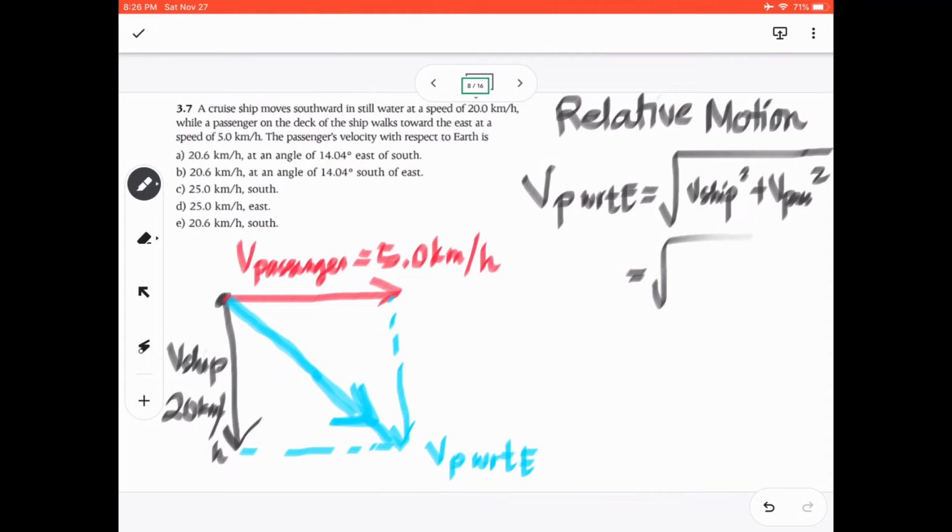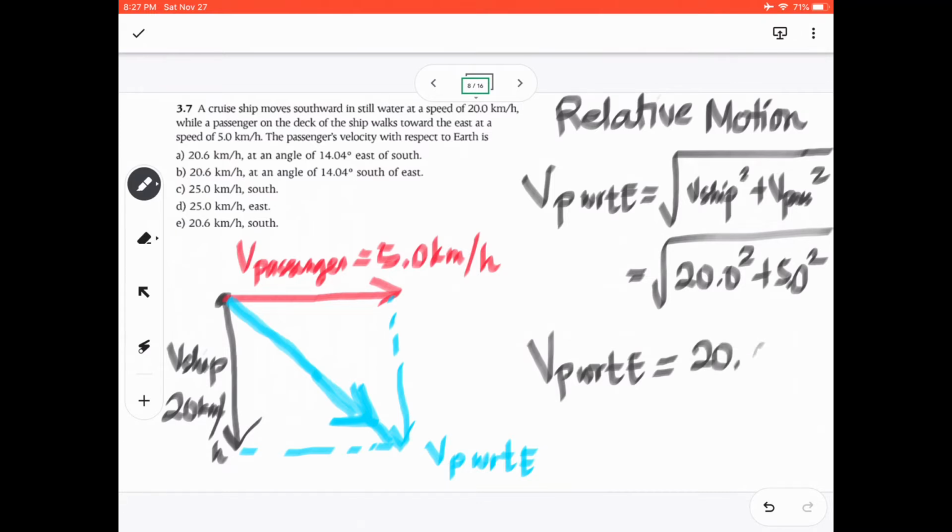Okay, then substituting the values, 20.0 squared plus 5.0 squared, then the velocity of the passenger with respect to the Earth will be equal to 20.6 kilometers per hour. Okay, so this one, the blue line is 20.6. Let me just rewrite that.